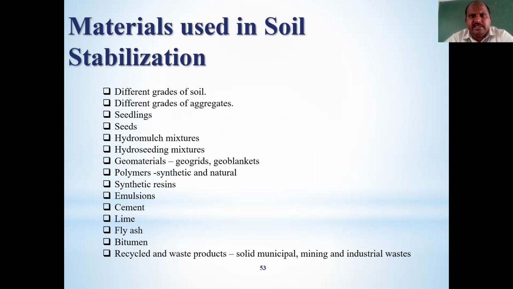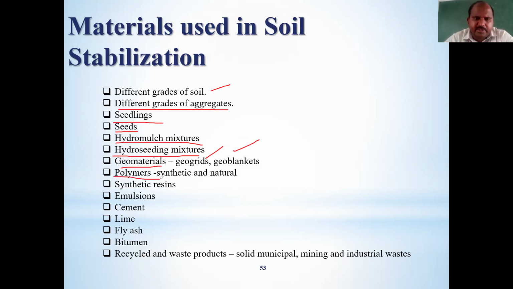What are the materials we are using in soil stabilization for loose soil in pavement design? The first one is the different grades of soil. The second one is different grades of aggregate. Third one is seedlings, and fourth one is seeds. And next one is hydro mulch mixtures and hydro seeding mixtures, and geomaterials that are used in geogrids and geo blankets.